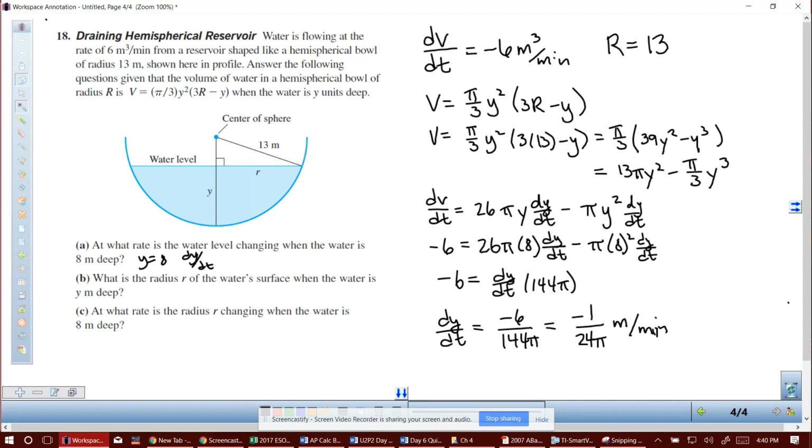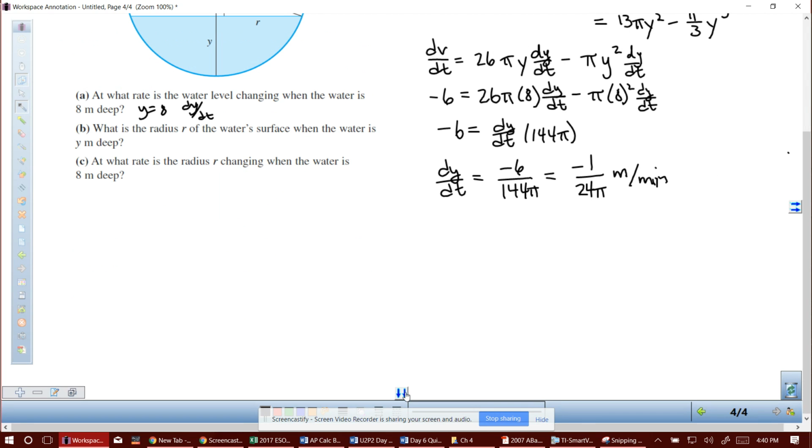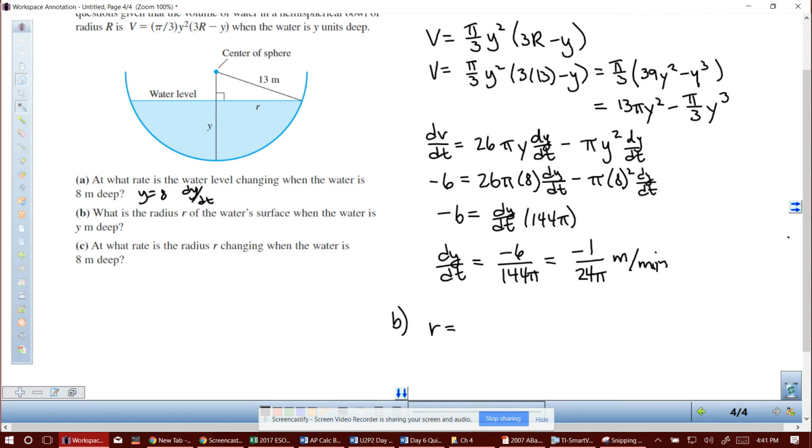All right. And then we actually did part B kind of in class. Well, I got it started, so I'm going to scroll up here. Part B says, what is the radius of the water's surface area when the water is y meters deep? So basically, I wanted to think about the radius, as we talked about in class. I needed to figure out what this little radius is.